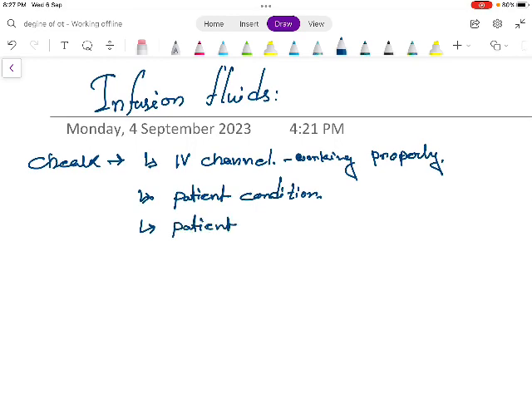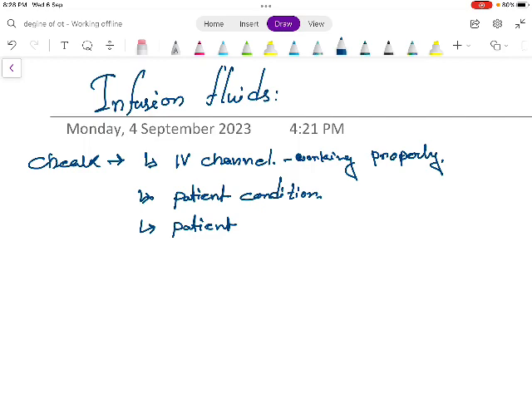The third thing we have to check is the patient's need, not what the patient wants. If the patient is diabetic or not, if the patient is normal or not, if the patient has arrhythmia or some heart disease, the history of the patient.